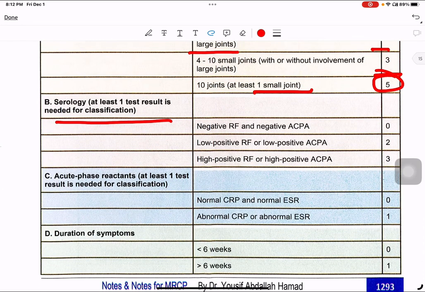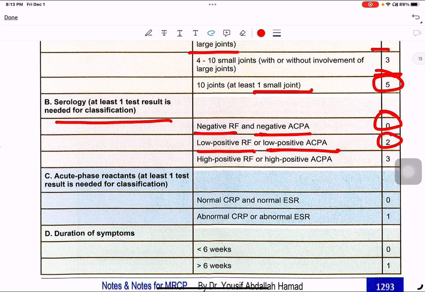Serology: at least one test is needed for the classification. If the rheumatoid factor and anti-CCP are negative, the score is 0. If low titer, that is raised but less than 3 times the upper limit of the normal range, for rheumatoid factor or anti-CCP, the score is 2.